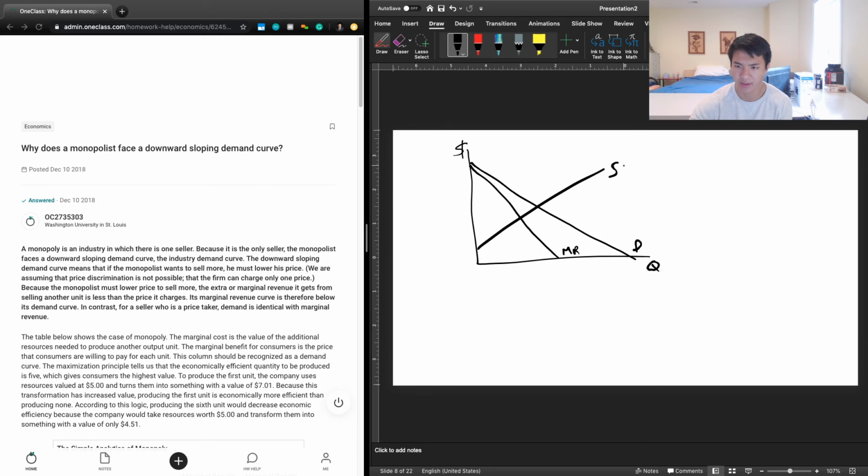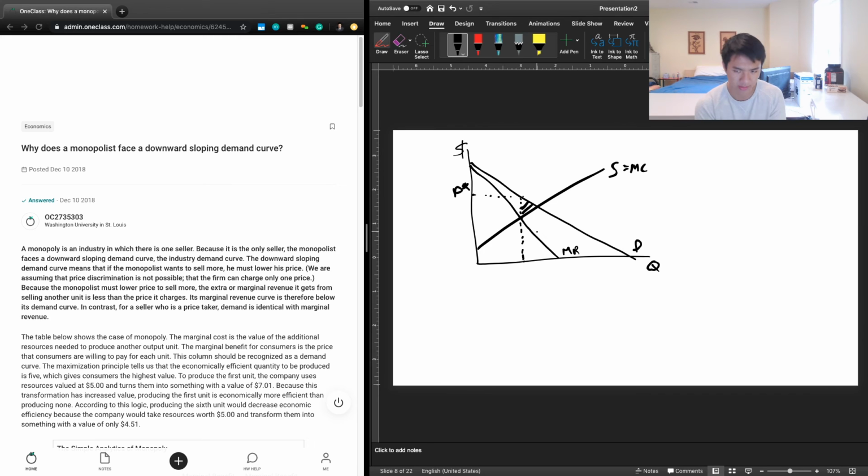If we assume supply is equal to marginal cost, then the intersection of marginal cost and marginal revenue tells us the profit maximization point. But instead of pricing where we intersect here, you go up to the demand curve. This is going to be your final price. And so that's what the demand curve does, and you have deadweight loss right here.